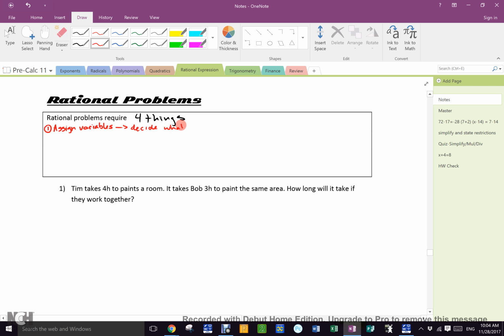Decide what you're counting. You have to decide what your goal is. And give a variable to all things counted.